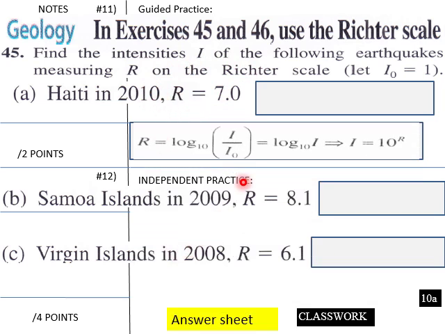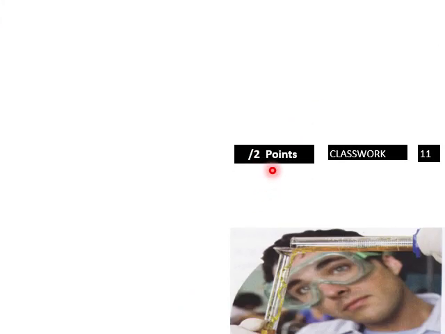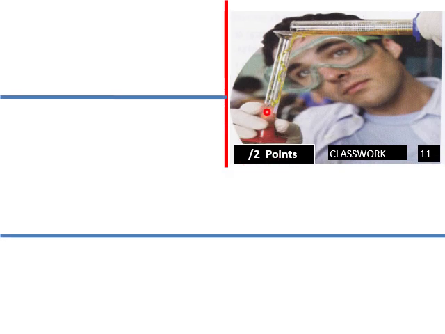To do that, here for Haiti, here is our method of finding our intensity. 10 to the Richter will give us our intensity. So it'll be 10 to the 7, which is actually a pretty large number. Intensity equals 10 to the 7. And I'm going to let you do those on your own.